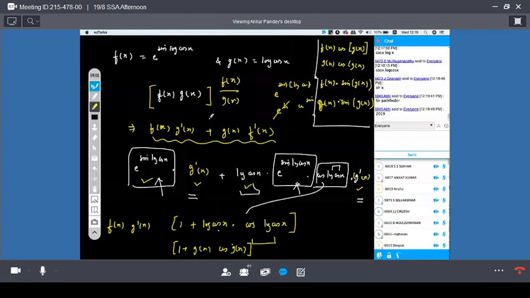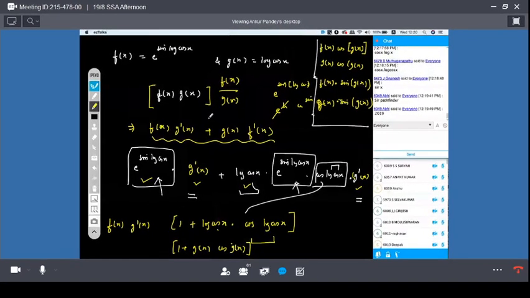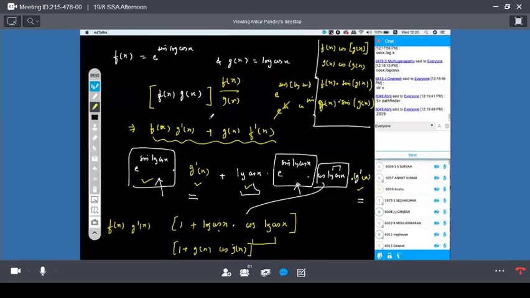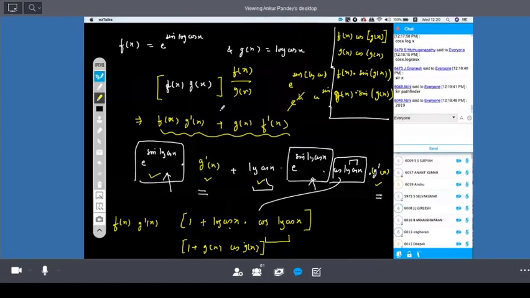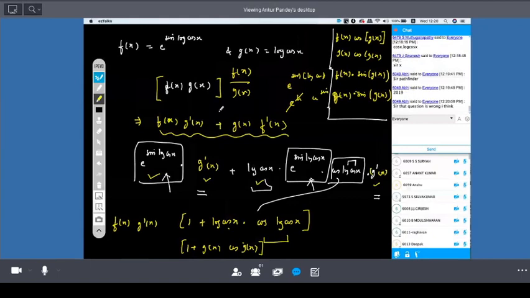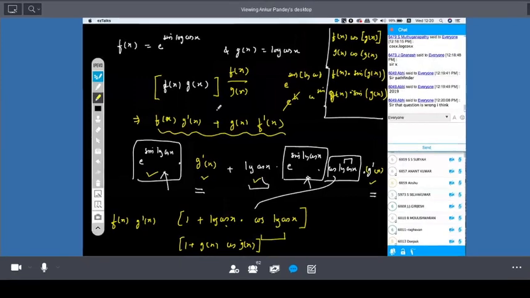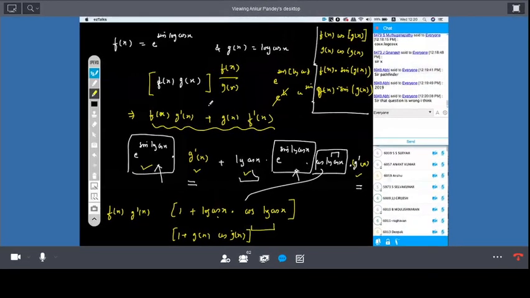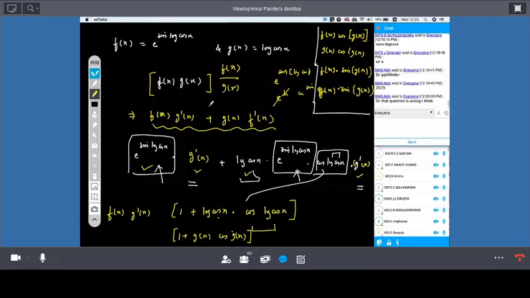Have they given any solution instead of investing the time? Even I am feeling the question is wrong because I think it should be what will be the derivative of f of x with respect to g of x, but it's okay.